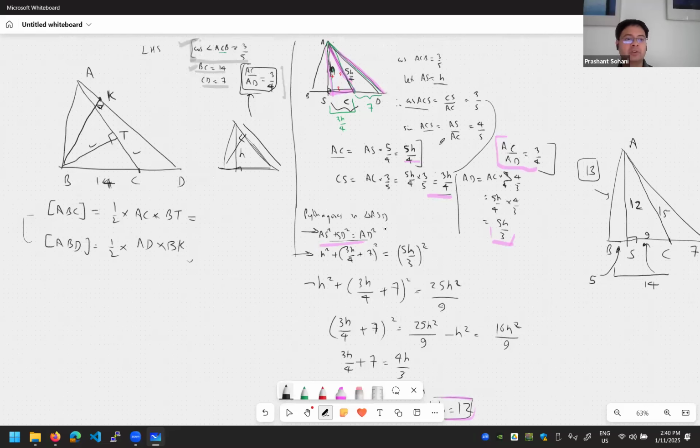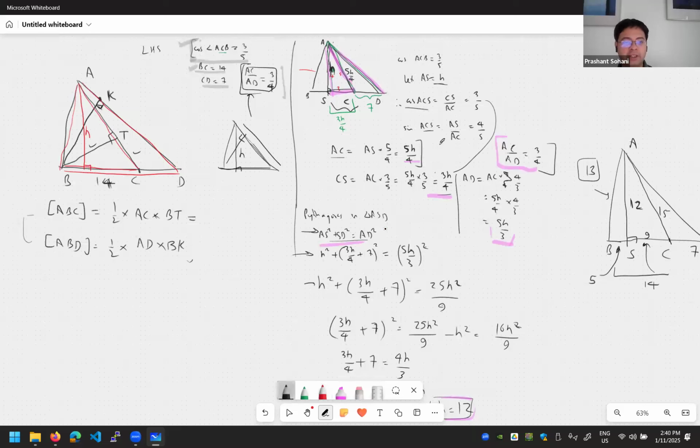If you notice, these two triangles have a common height if I use BC as the base and BD as the base for these two triangles, right? This is a common height, the third height, which was H in my right diagram. But here I am just observing that they have a common height.